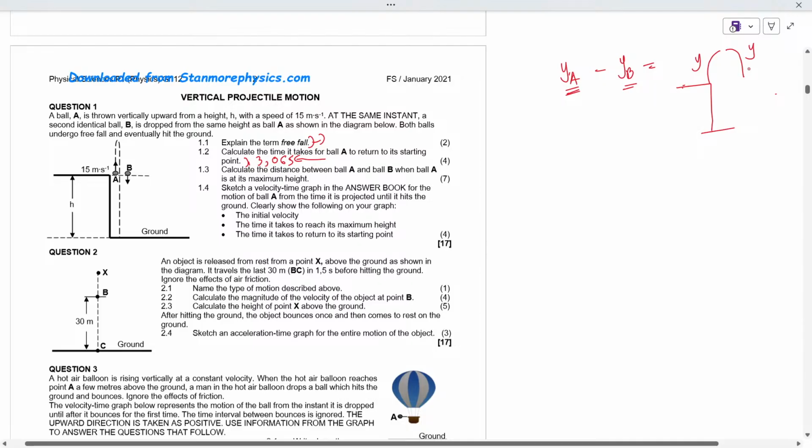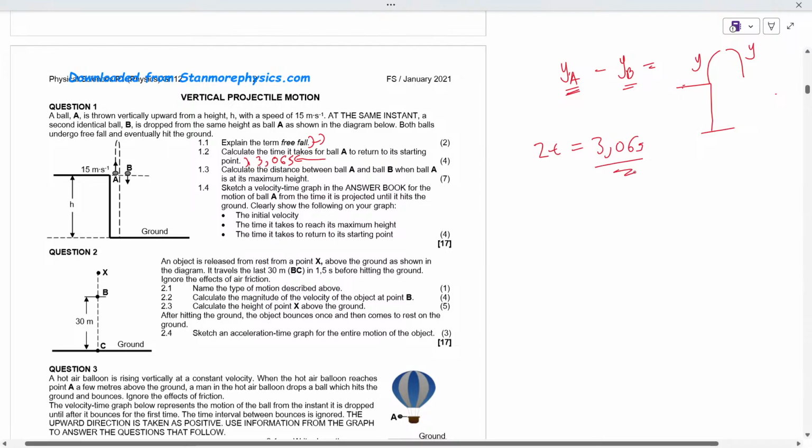I don't get it. Okay, you just said they are equal, right? Let's keep that. So if they are equal, it means that you just have to divide this time by 2 in order to get the time of going up and the time of going down. Because this represents the time of going up and the time of going down. It is represented by what? 3.06.